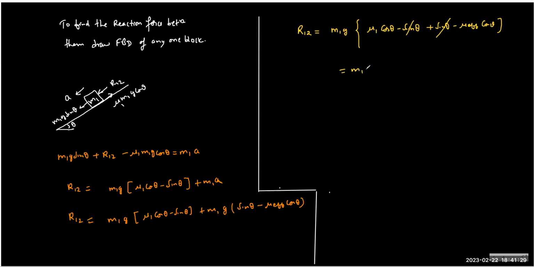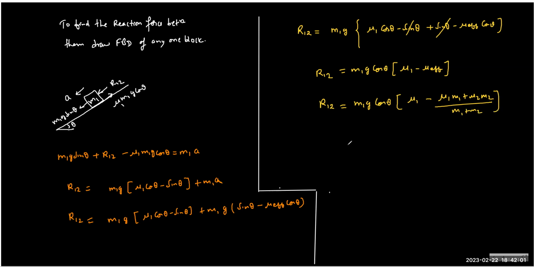So there's something interesting here. R12 turns out to be m1 g cos theta, and the bigger value minus the effective value is going to be less than the bigger value, because that's like an average. So you can put mu1 m1 plus mu2 m2. And it will turn out to be a very nice answer.